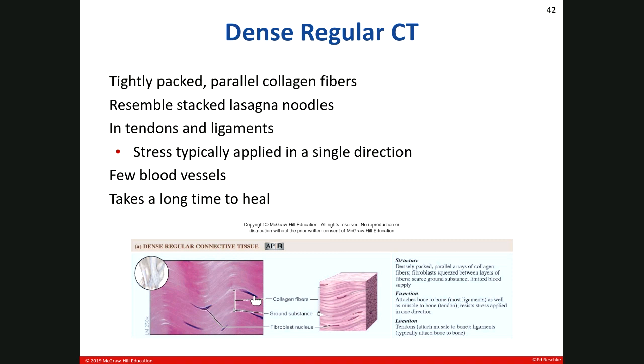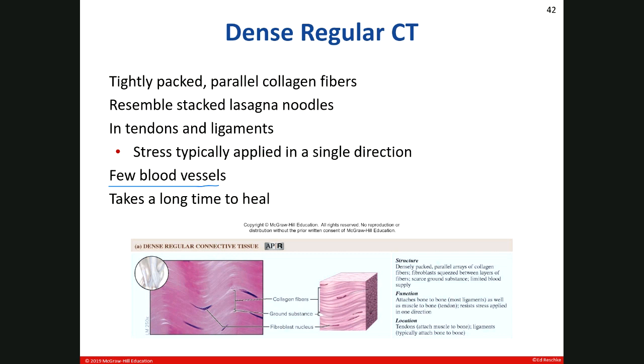The fibroblasts are the cells that make the collagen. So again, in dense connective tissue, there's not a lot of ground substance, so there's not a lot of space in between the protein fibers, so we're not going to see a lot of blood vessels. So you have very few blood vessels there. Hence, that's why it takes longer for this type of tissue to heal.